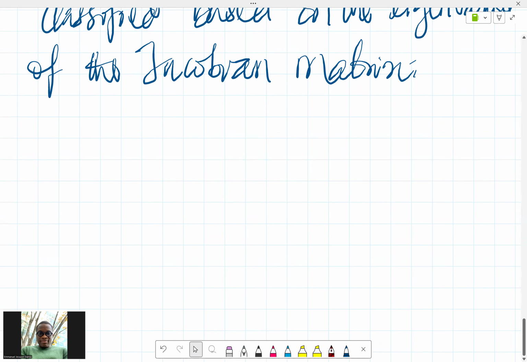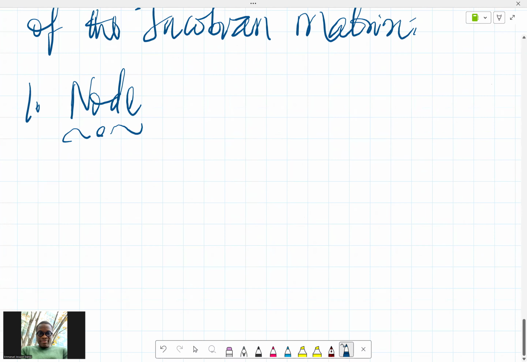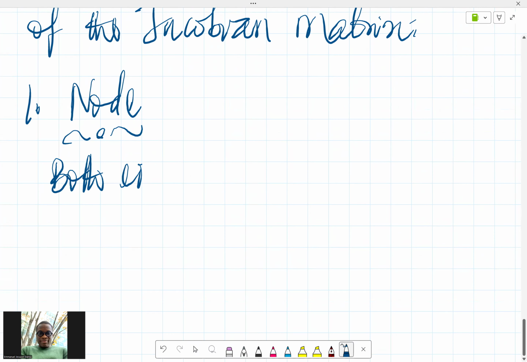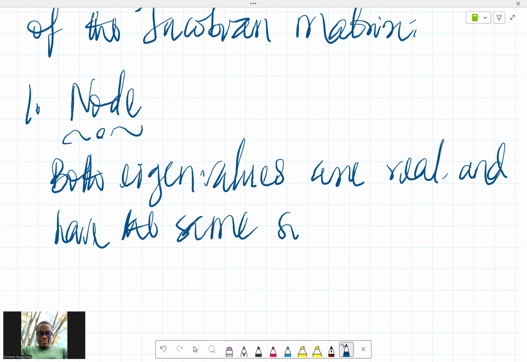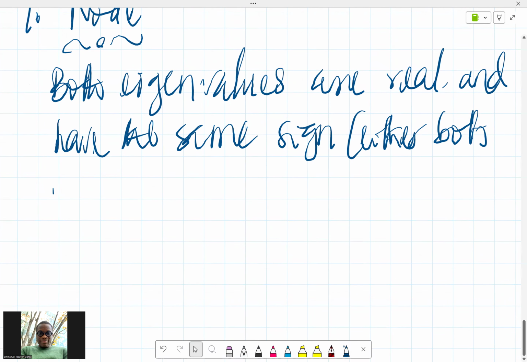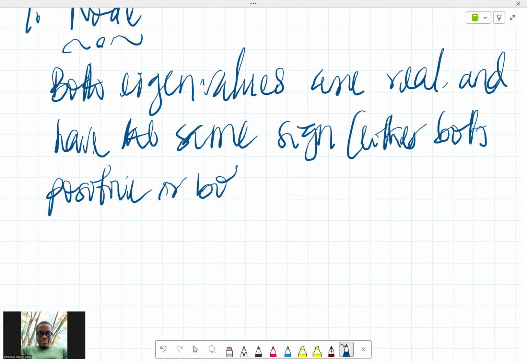These are the possibilities we have. The first possibility is a node. In a node, both eigenvalues are real and have the same sign, either both positive or both negative.